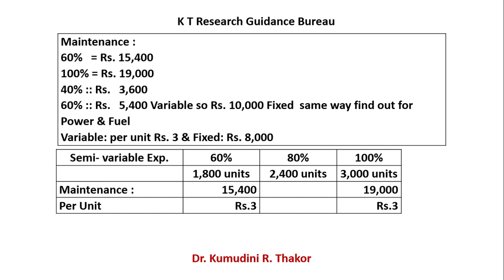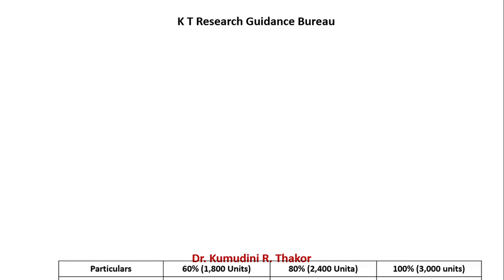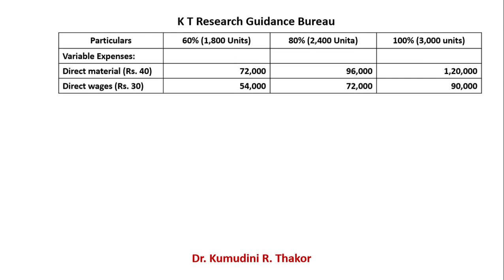Now let's prepare the budget. You have to prepare a budget at 60%, 80% and 100% capacity. So level of activity plus 1 means particular, so make 4 columns for that. First is variable. As I explained to you, it is easy.